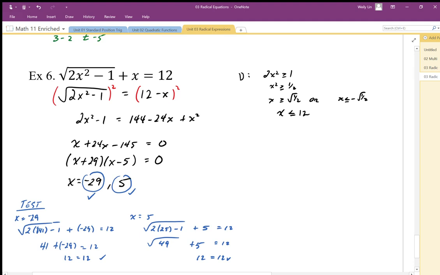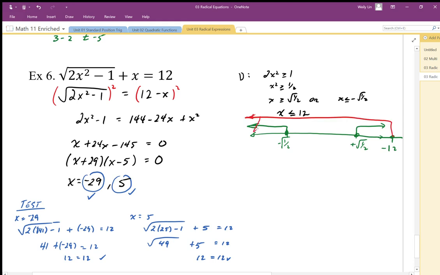But again, we do want to start having an appreciation for the domain restriction. So I'm just going to draw the domain restriction on a number line. So we know that it's got to be less than −√(1/2), and it's got to be bigger than positive √(1/2), and I'm going to put the 12 over here, it's got to be less than 12, and it's got to be part of the overlap of those sections.